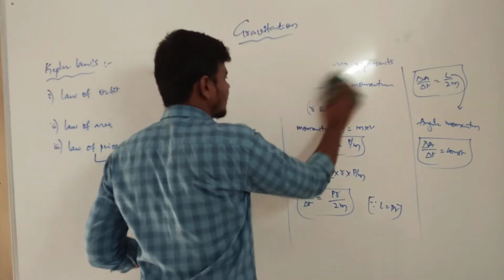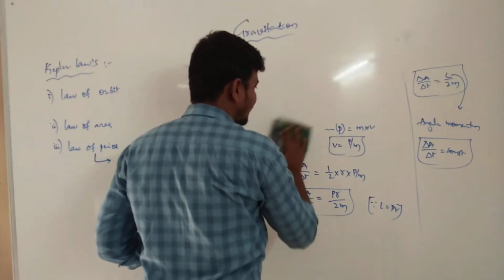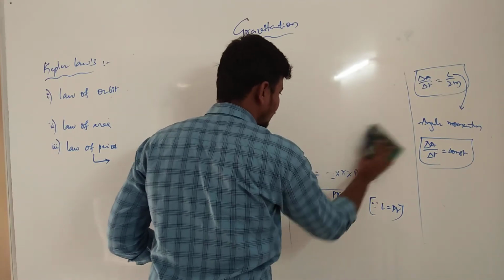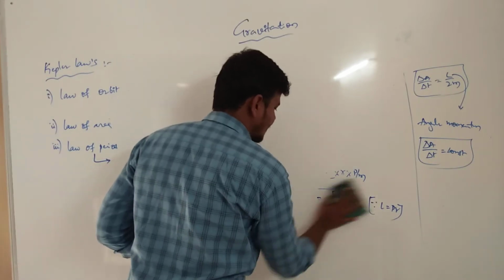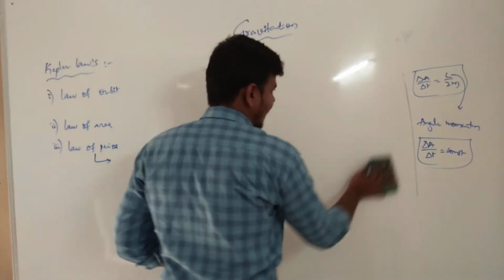The statement: the square of the time period is always directly proportional to the cube of the semi-major axis. Here A is the semi-major axis.